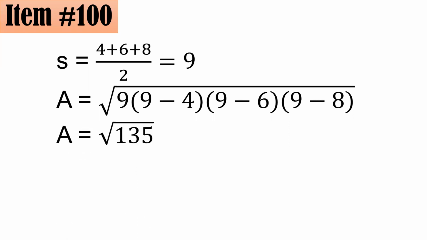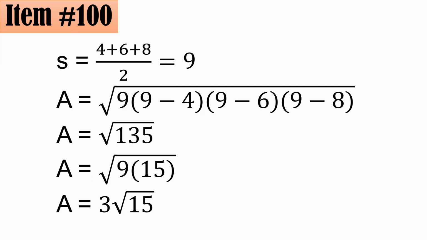Simplifying gives the square root of 9 times 5 times 3 times 1, or square root of 135. 135 is not a perfect square, but 9 is certainly a perfect square, the largest perfect square factor. The square root of 9 is 3, and the 15 should stay inside. Letter B. Okay, thank you po. So you can search more, no, on Heron's formula.